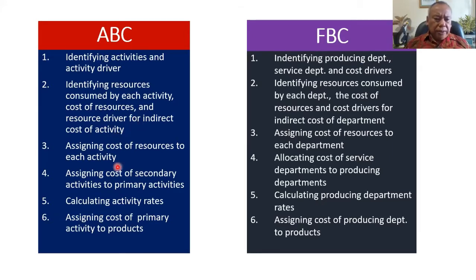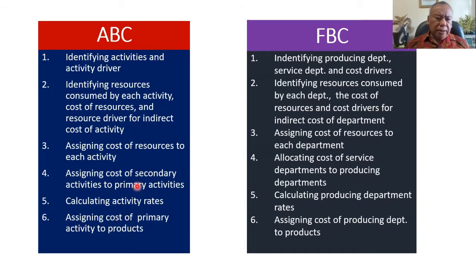The third is assigning cost of resources to each activity. The fourth, assigning cost of secondary activities to primary activities. Fifth, calculating activity rates, and the last is assigning cost of primary activity to product.